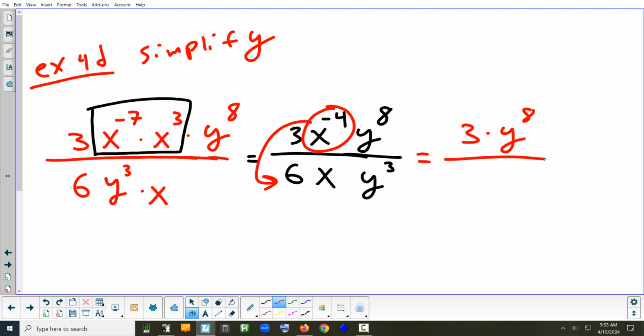In the bottom, we have a 6. What else is still in the bottom? x. What else is still in the bottom? y to the 3rd. And is there anything else that's going to be coming down to the bottom? x to the 4th.